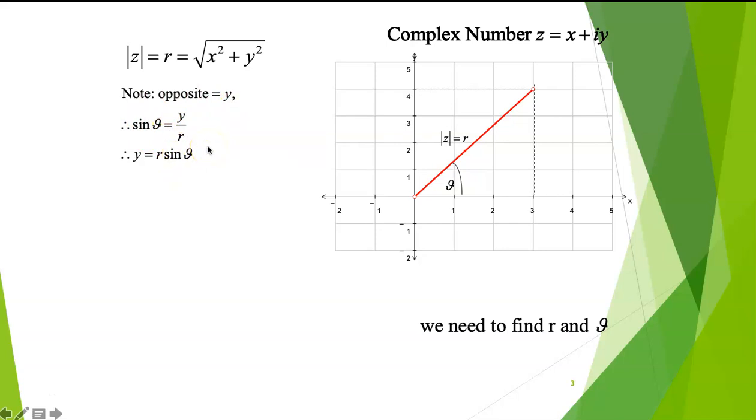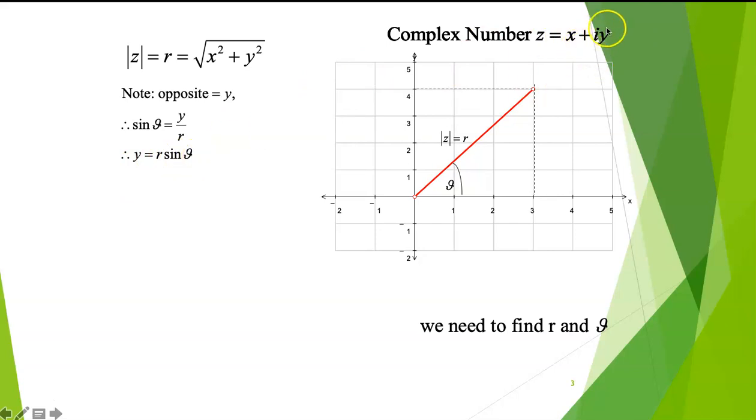Now, how can we convert from polar form back into the complex number? What does the real part in the rectangular form represent, and what is the imaginary part? The real part in the rectangular form is r cosine theta, and the imaginary part is r sine theta.